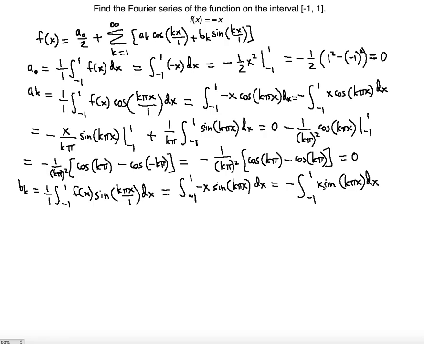You should use integration by parts, and what you should get is this: x over k pi cosine of k pi x from -1 to 1, the definite integral, minus 1 over k pi integral from -1 to 1 cosine k pi x dx.